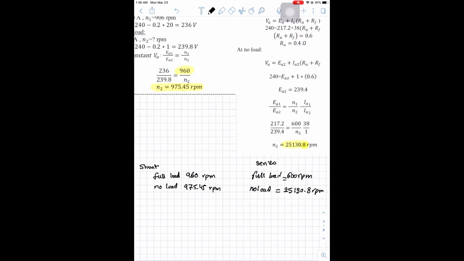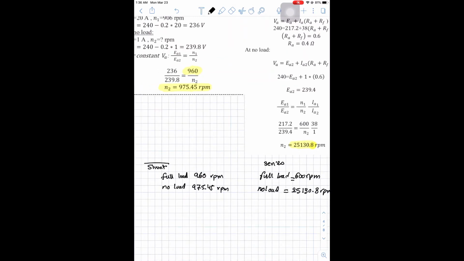Now you can see how the shunt machine has very good speed regulation compared to series machine, and this is one of the main characteristics for each machine, which will give each machine a different application from the other machine. So for shunt machine, we can say this machine almost has constant speed.